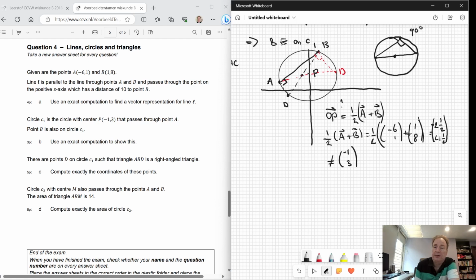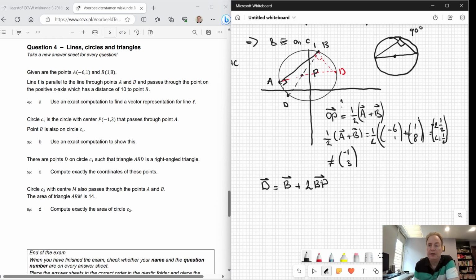We know the coordinates of this and we know the coordinates of P. So we calculate D by saying D is B plus 2 times the vector going from B to P. So this is 1 and this is another one.